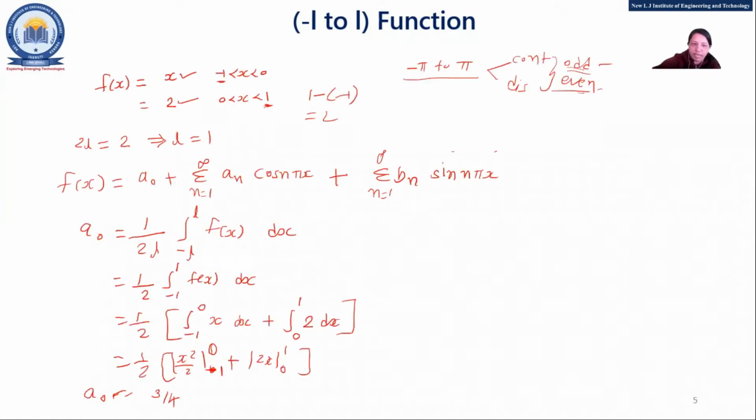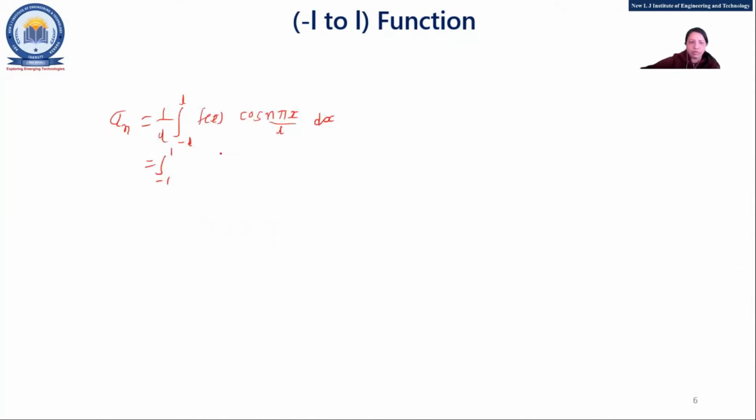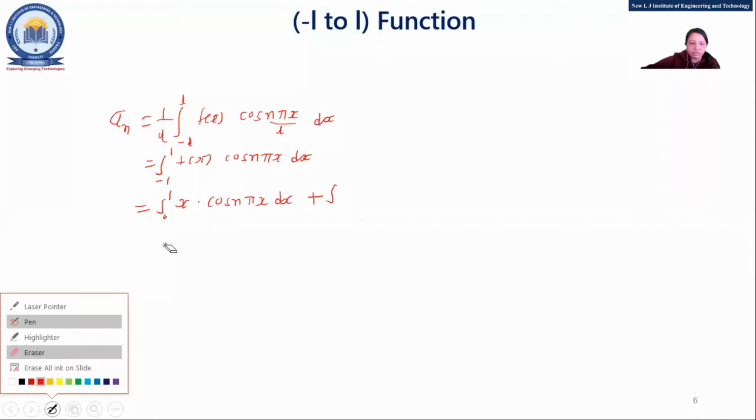So either you write that step directly, or I'll write only f(x) and cos n pi x, since L is 1. Now this is divided into two parts. So for the integration, sorry, minus 1 to 0, you have x, so x into cos n pi x dx. Here you have to apply the general rule of integration. That was the mistake earlier.